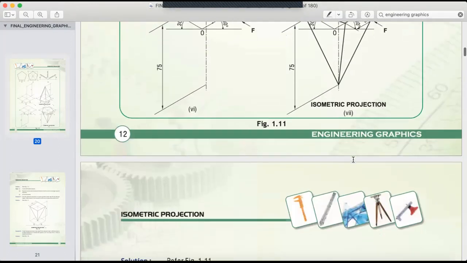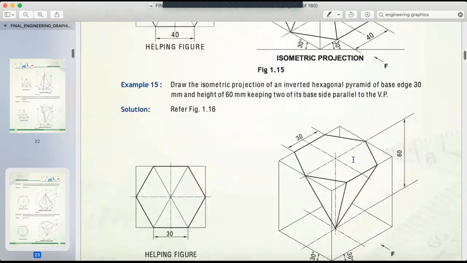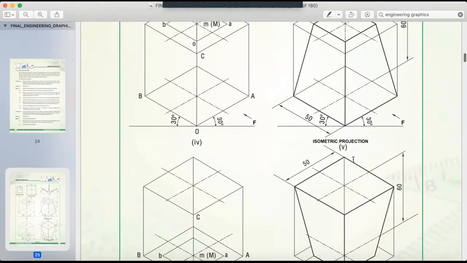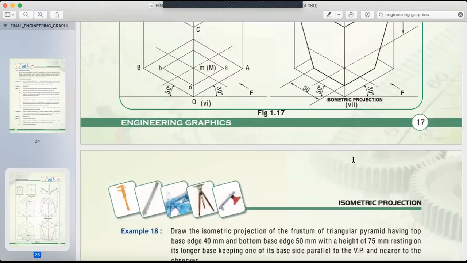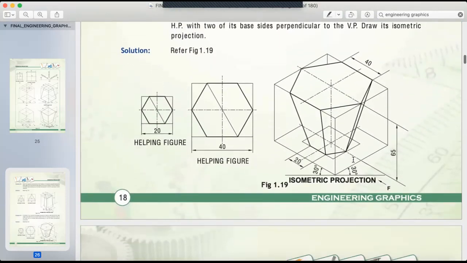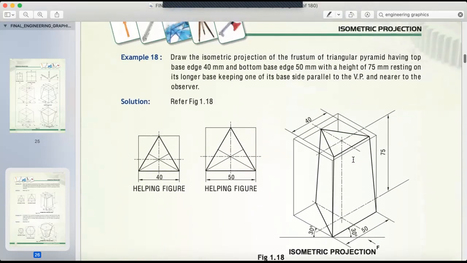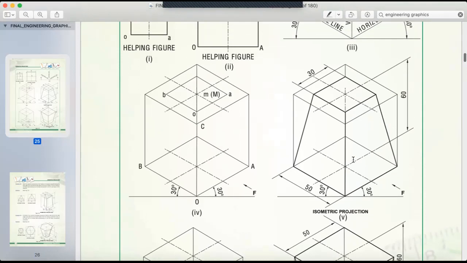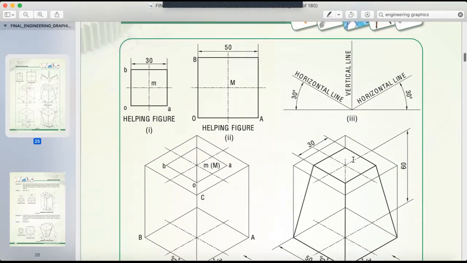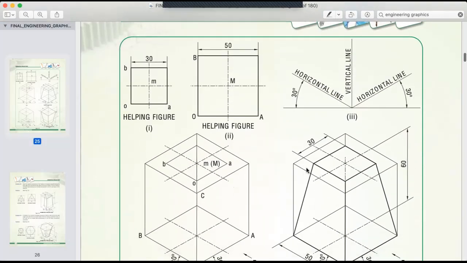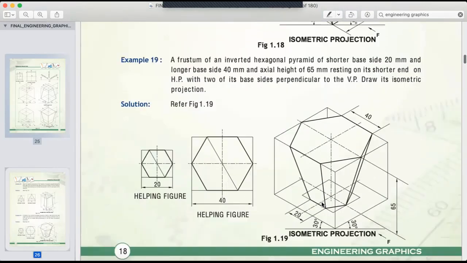So you should know this. And then we'll have cone and cylinder. Frustum we don't have in our portion, so avoid. But even if you want to remember what is frustum, keep in mind that if you take any pyramid and cut parallel to the base, what you get is a frustum.